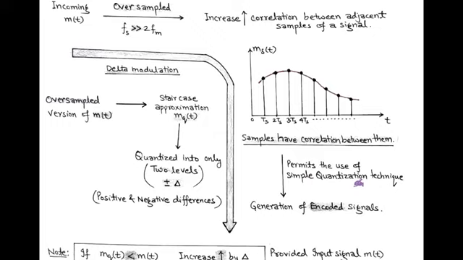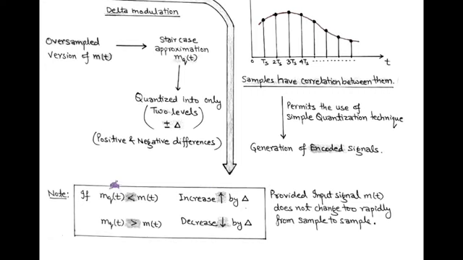On the basis of operation, in delta modulation, the oversampled version of the modulating signal m(t) gets converted into a staircase approximation, denoted by mq(t), which has only two quantized levels, plus delta and minus delta, that correspond to positive or negative differences.